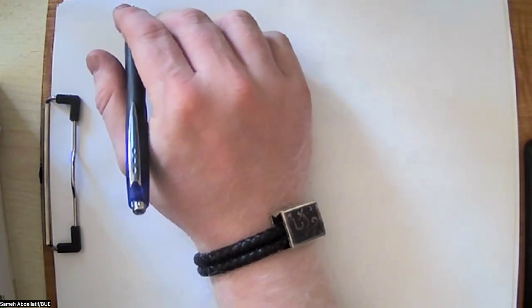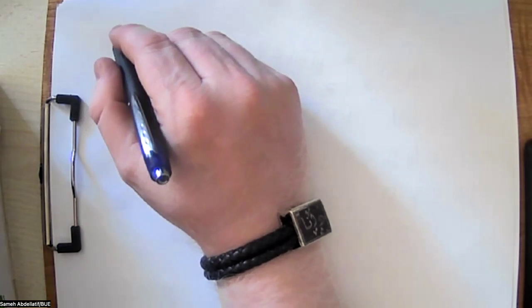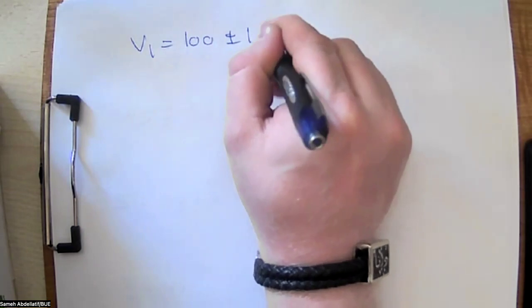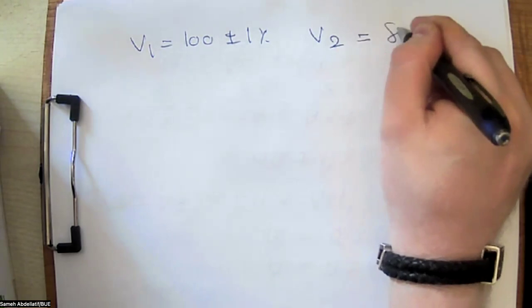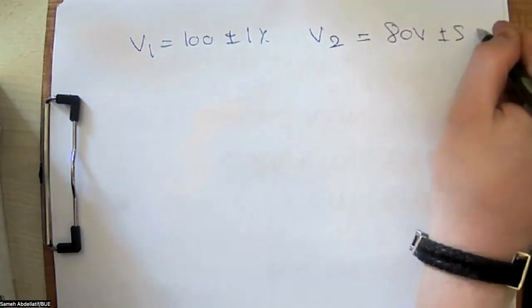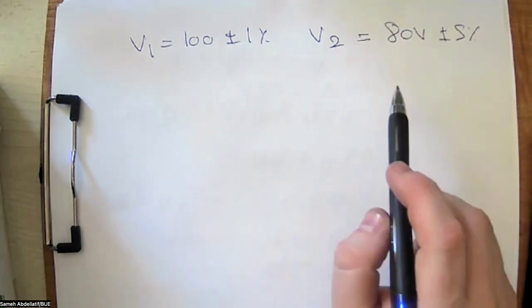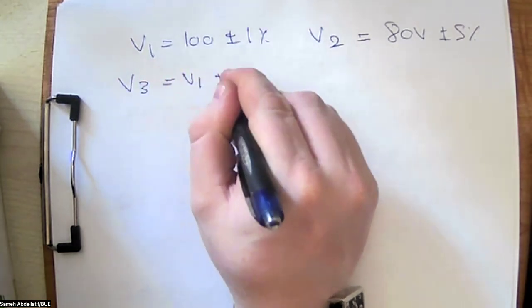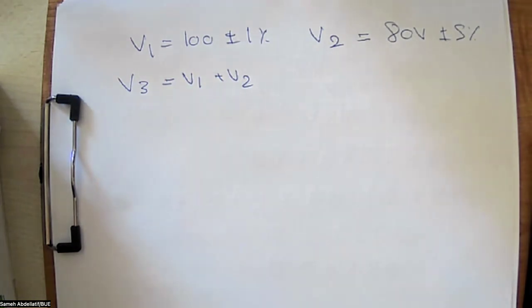So please, you can open your presentation in front of you. To read the numbers, we have V1 equals 100 plus minus 1%, and we have V2 equals 80 volts plus minus 5%. As you can see, my dear students, since it's a summation process or even a subtraction process, you cannot proceed with the relative error.